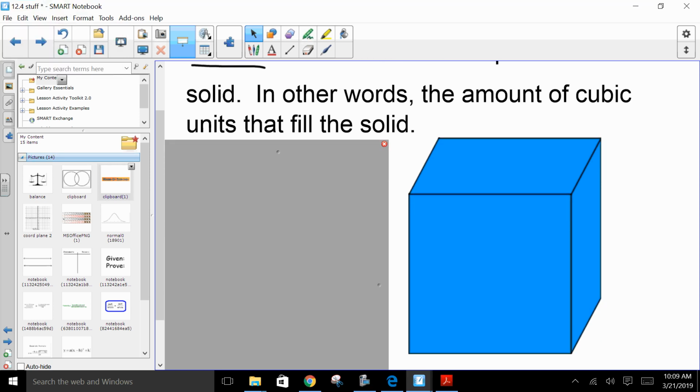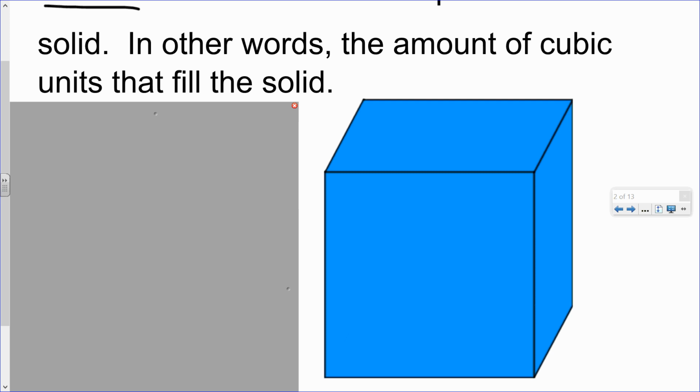I don't want to just measure surface anymore. I want to measure the inside space. So I'm figuring out how many cubes will actually fill it inside.